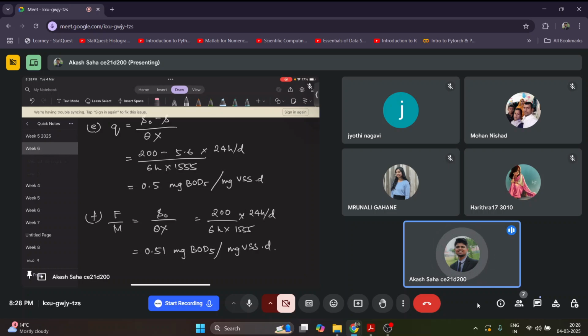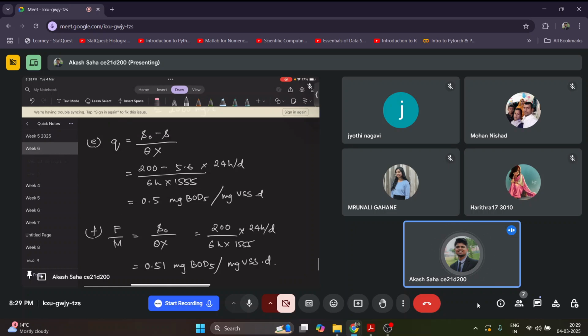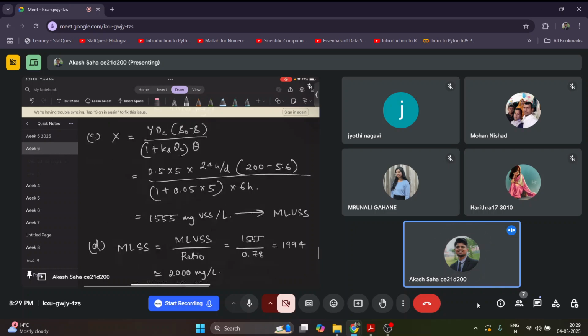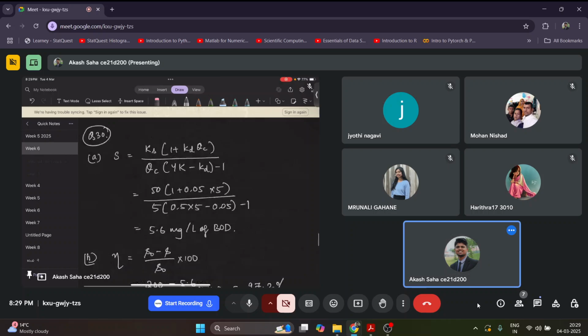So I have not discussed this in detail today, but we discussed all these equations in the previous class. So I'm just giving you the solution for your reference so that you can cross check with your answers. Okay. So these are all the points.